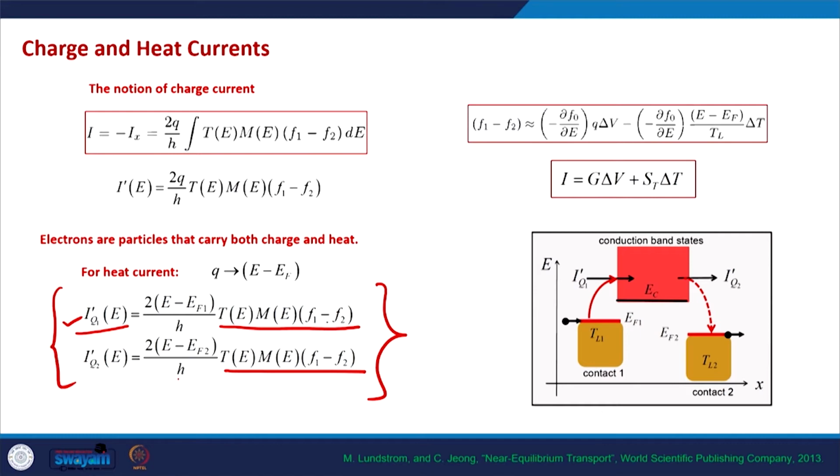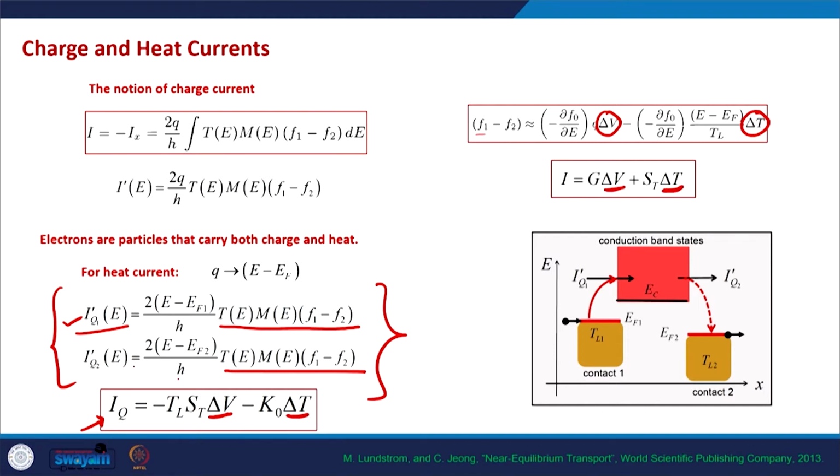When this term F1 minus F2 is non-zero, and in general if we consider that delta V is non-zero as well as delta T is also non-zero, in that case F1 minus F2 needs to be replaced by these terms in near equilibrium situation, and in that case the heat current can be written in this general form. So, as you can see, heat current is dependent both on voltage difference and temperature difference, like the charge current.